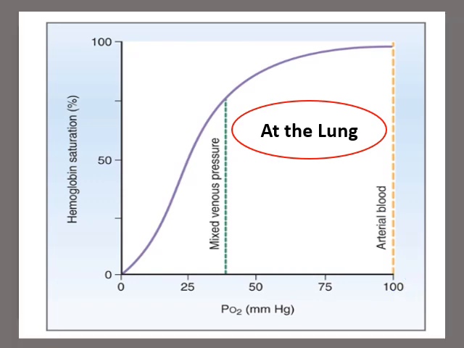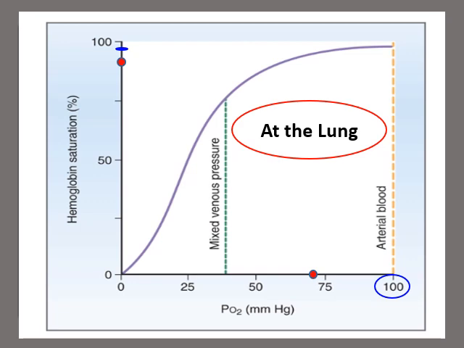Note that when the partial pressure of oxygen is 100 mm mercury, representing normal alveolar partial pressure of oxygen, the hemoglobin is 97% saturated with oxygen. Whereas when there is a decrease in the partial pressure of oxygen up to 70 mm mercury, representing a state of high altitude, the hemoglobin is 90% saturated with oxygen.